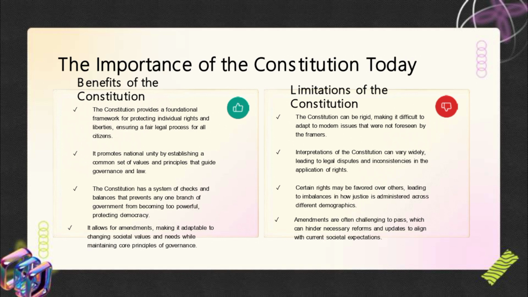Certain rights may be favored over others, leading to imbalances in how justice is administered across different demographics. Amendments are often challenging to pass, which can hinder necessary reforms and updates to align with current societal expectations.